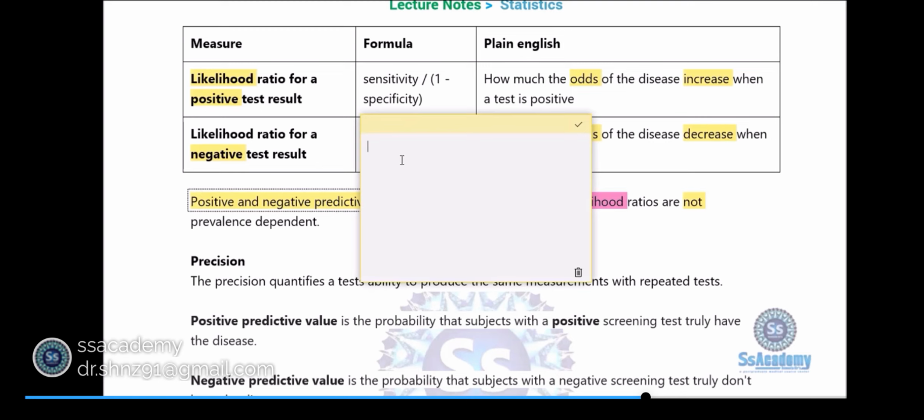We need to write down: predictive values equal prevalence dependent, and likelihood ratios equal, yes, not prevalence dependent. So predictive, prevalence dependent; likelihood, not.